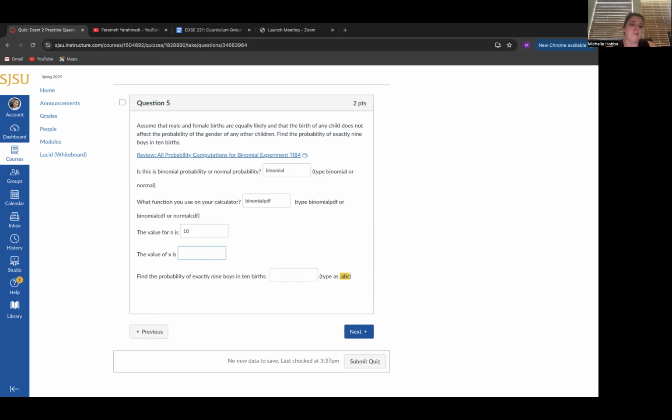And then the value of X is going to be the number of boys. So that's 9.